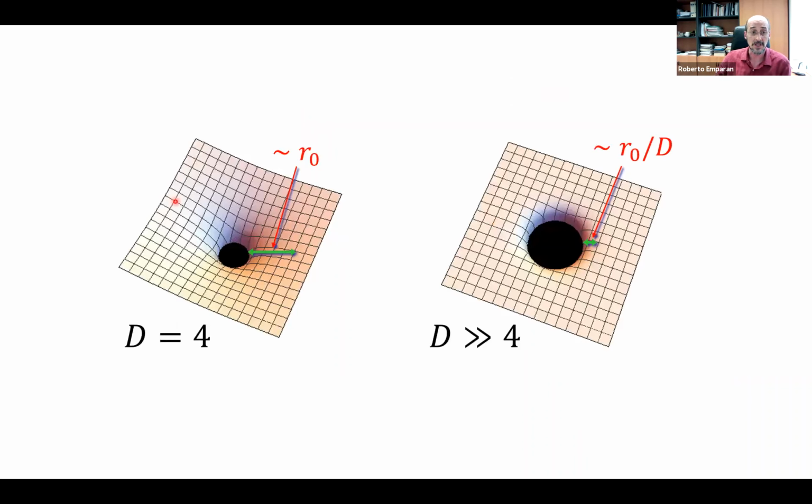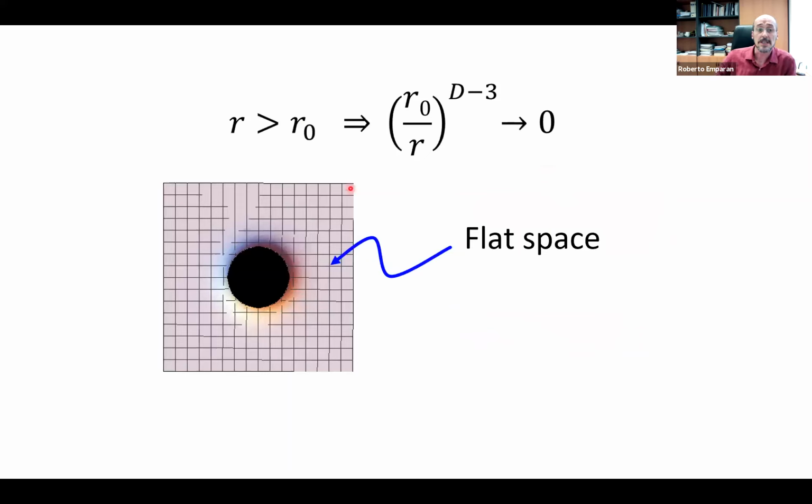In D equals 4, here you have your black hole horizon, and then the manifold is curved, but the typical scale of the curvature is of the same parametric order as the black hole radius. But when D becomes very large, you have one scale which characterizes the radius of the black hole, but then you have a much shorter scale which tells you over which distances this curvature is appreciable.